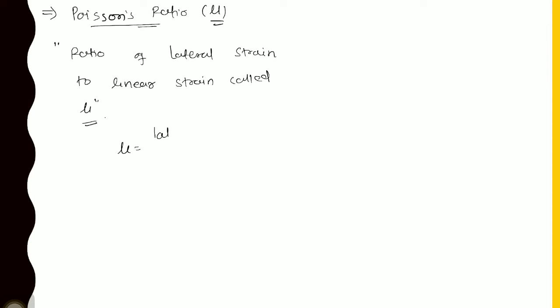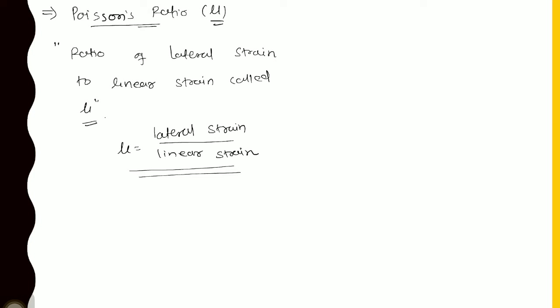The ratio of lateral strain to linear strain is called Poisson's ratio, mu. इसको हम क्या बोलते हैं? Poisson's ratio. So mu is simply lateral strain to linear strain. What is the meaning of this?